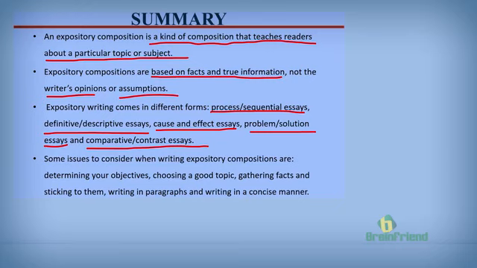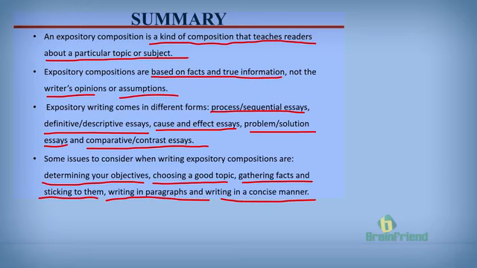We also talked about some issues to consider when writing expository compositions: determining your objectives, choosing a good topic, gathering facts and sticking to them, and also writing in paragraphs and writing in a concise manner. These are all we talked about today.